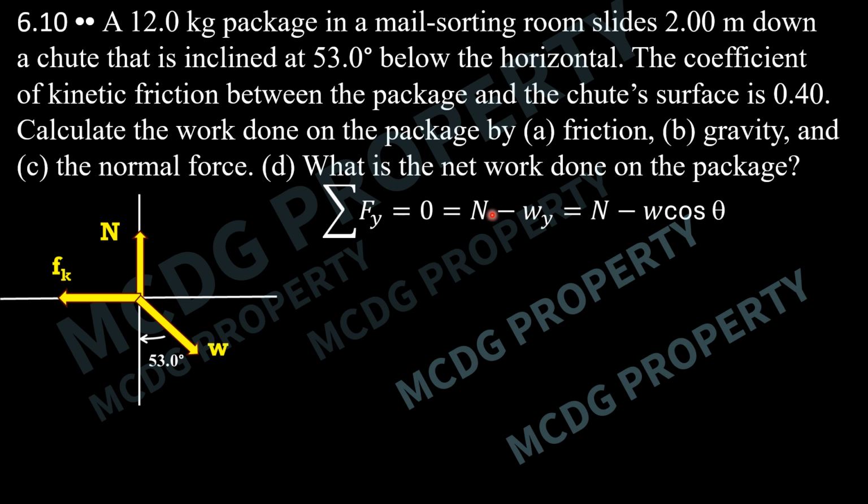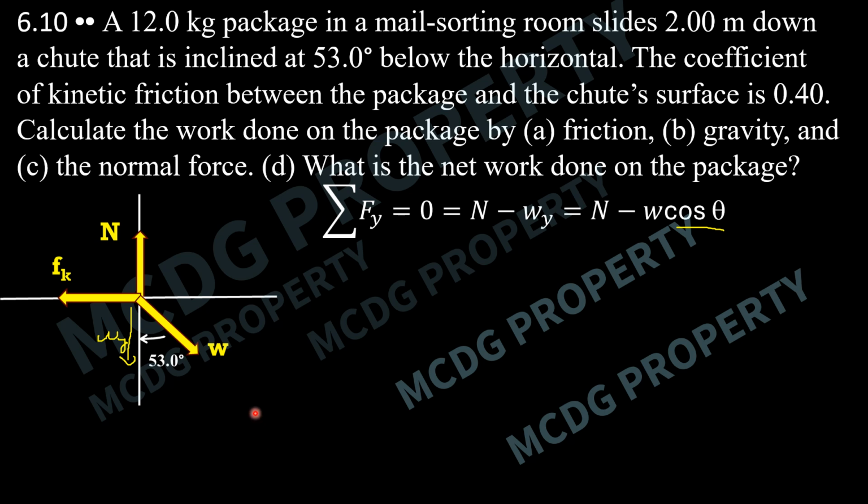Normal force is positive because as you can see here, it is along the positive y-axis. The y component of the weight is W cosine theta because the y component is this one. The y component is adjacent to the angle, so that's why we have here cosine theta.